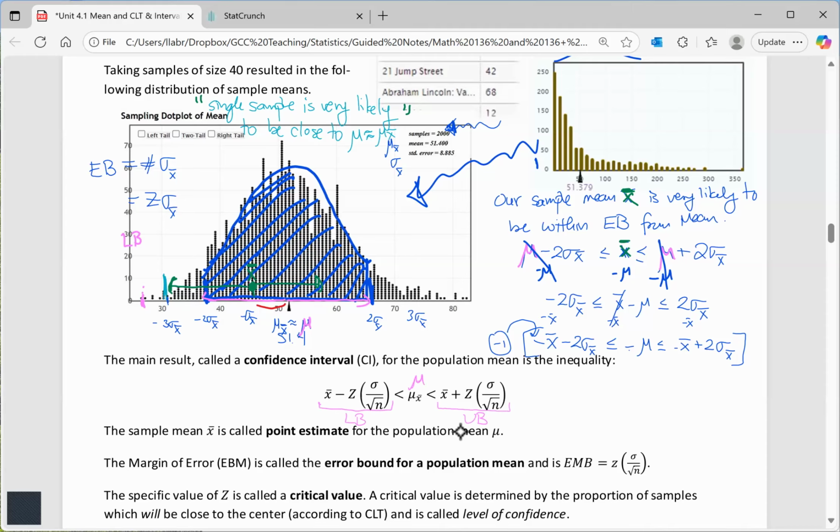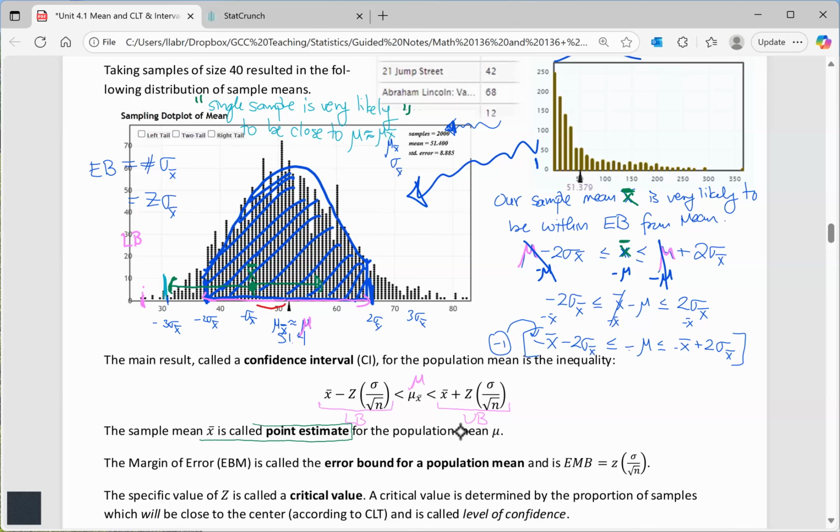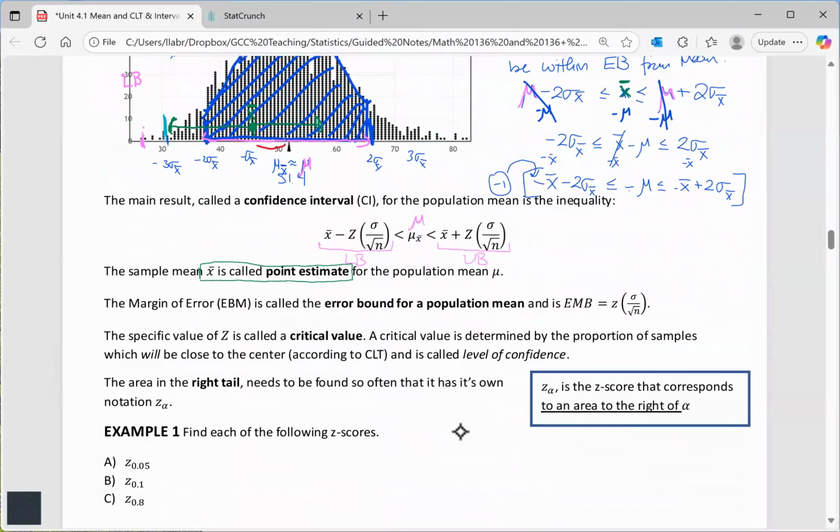X bar is called the point estimate. That's the green object, basically whatever you got in your sample, that's called the point estimate. So you're just going to say that value, X bar, is fairly close to my center. And then the amount that we moved is called the margin of error, or the error bound for the mean.